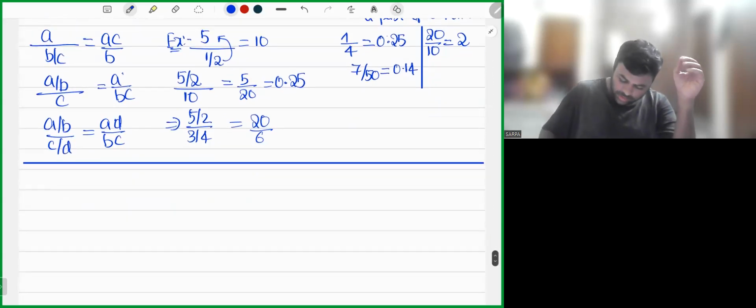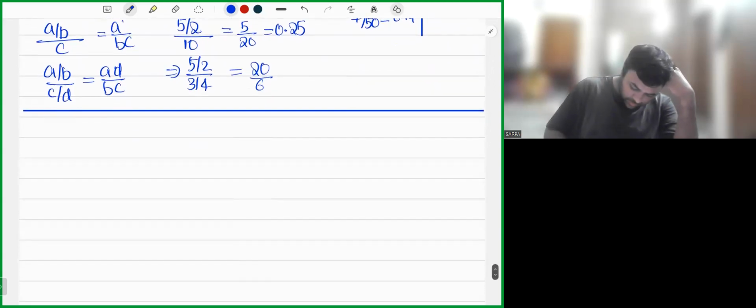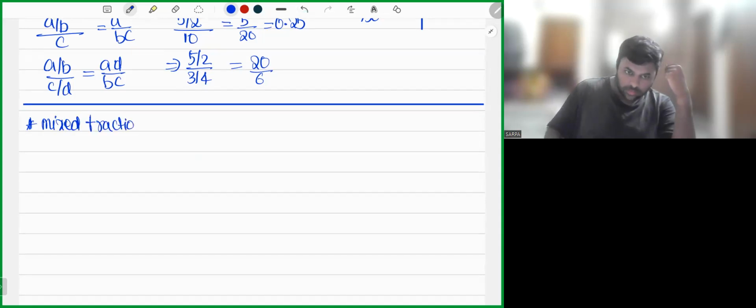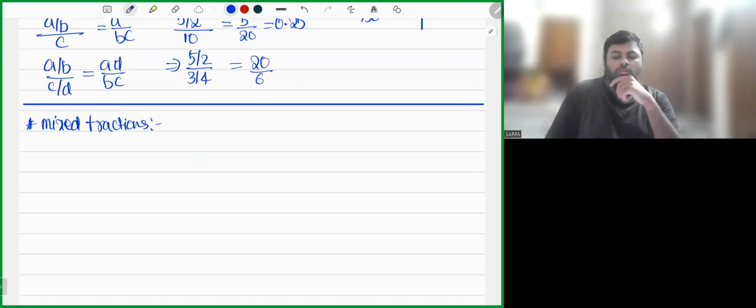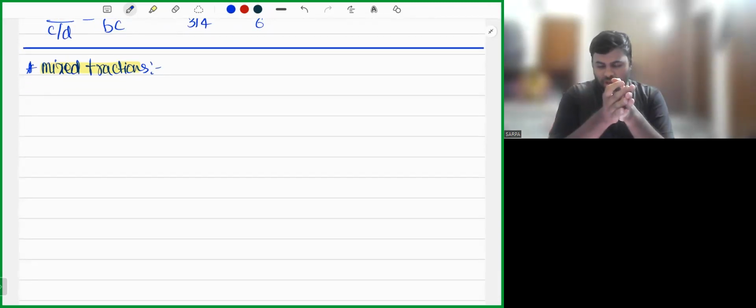Now next comes mixed fractions. What do you mean by a mixed fraction? If a number is written along with a fraction, you call it a mixed fraction.